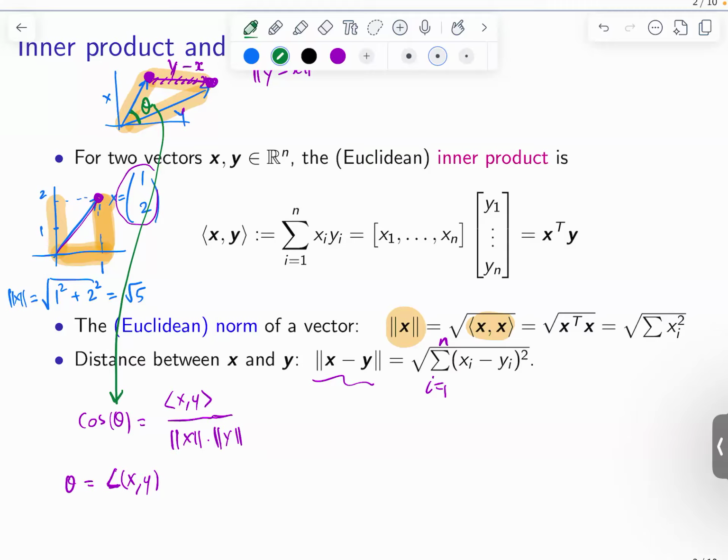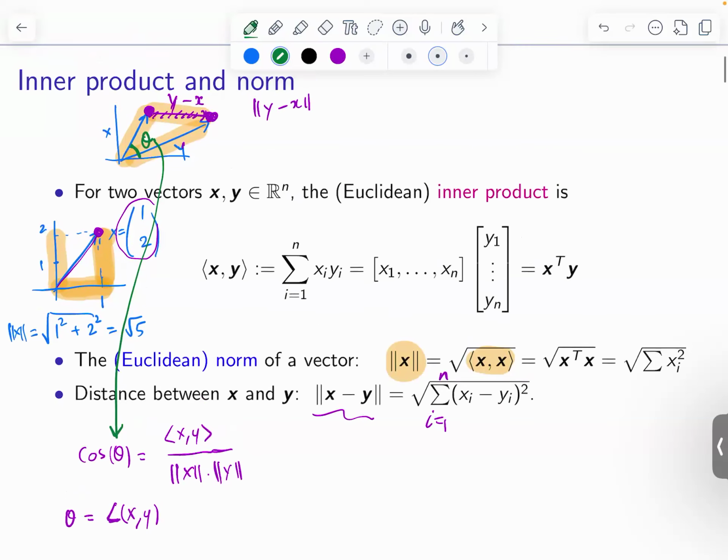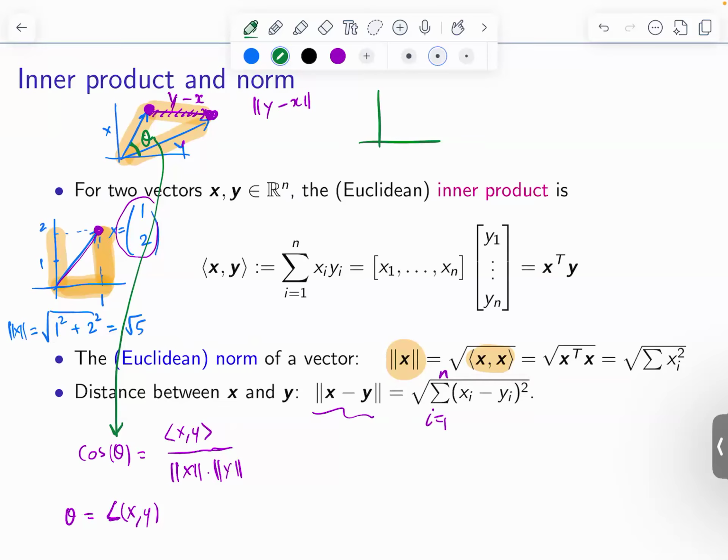They're not. Can you give me an example of two orthogonal vectors? 1, 0 and 0, 1. These two vectors are orthogonal. Another way to say it is that the angle between them is 90 degrees.